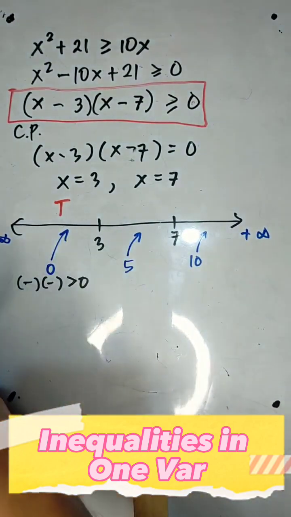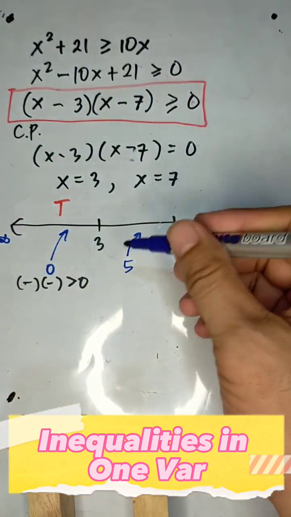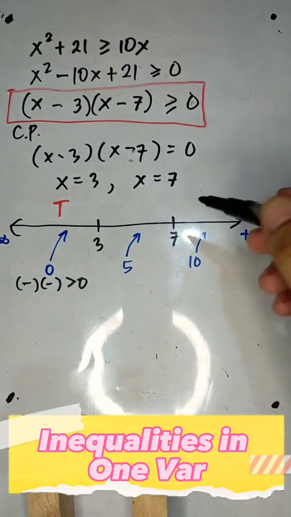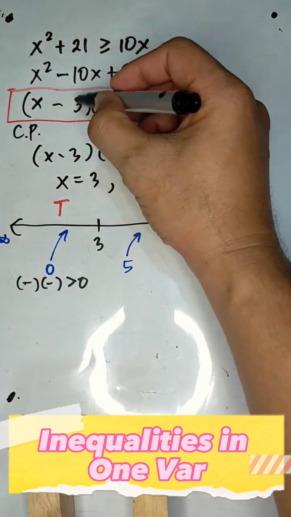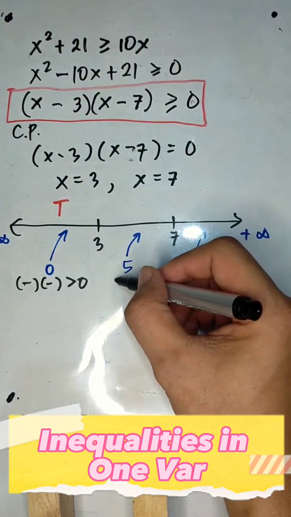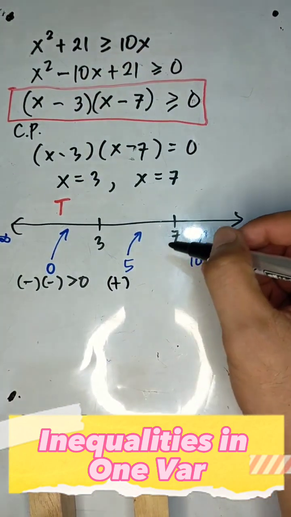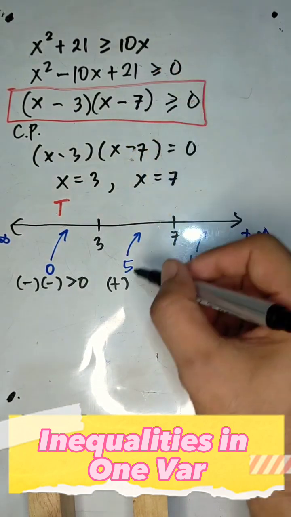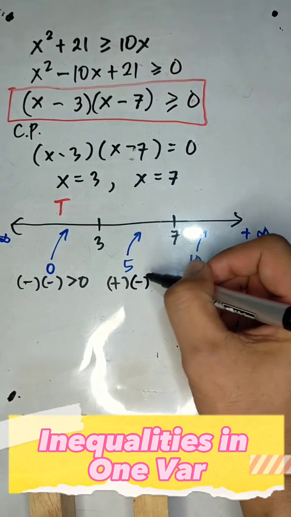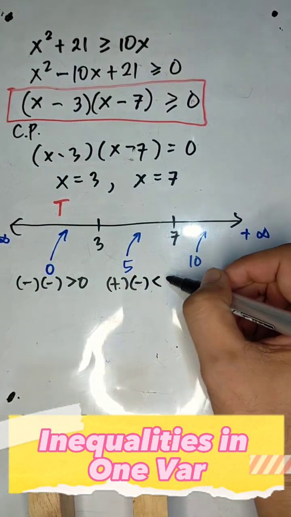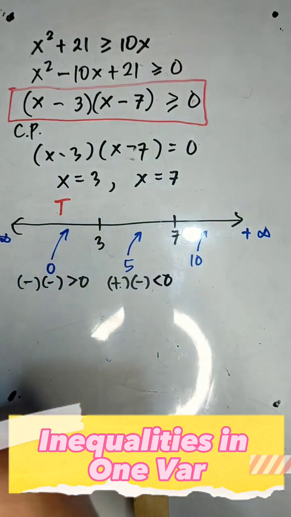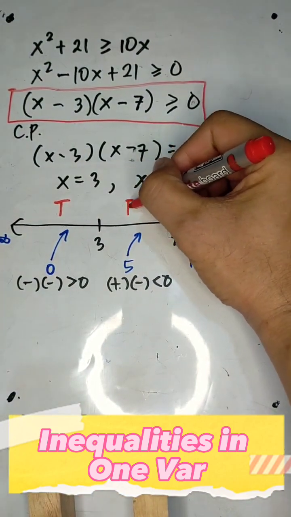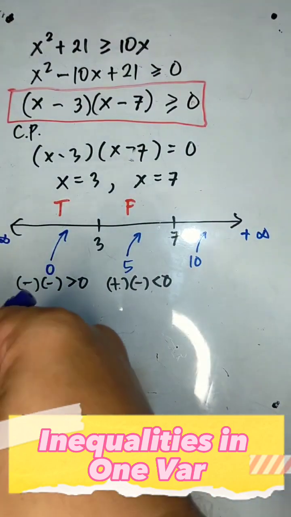Let's go to the second interval. If our x is 5, then 5 minus 3 gives us positive 2. And x equals 5, so 5 minus 7 is negative. Positive times negative gives us negative. So this interval here does not satisfy the inequality.